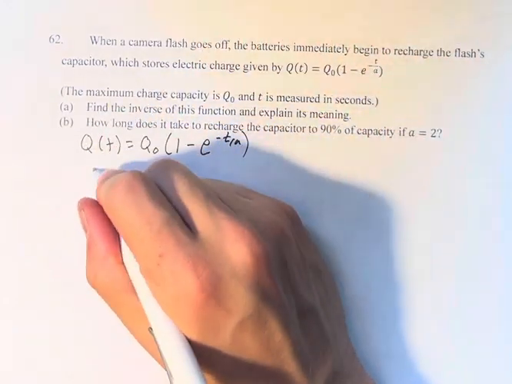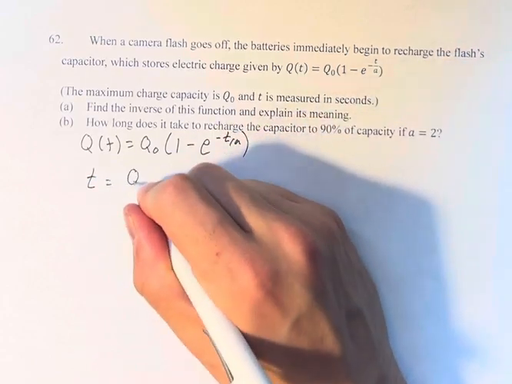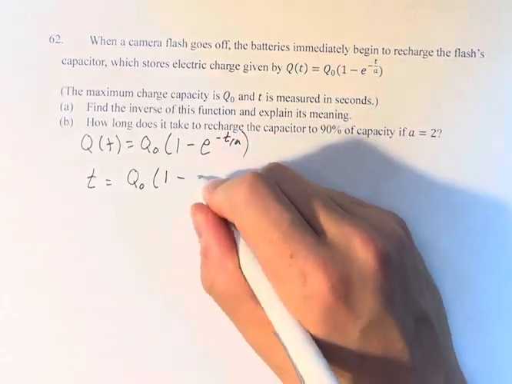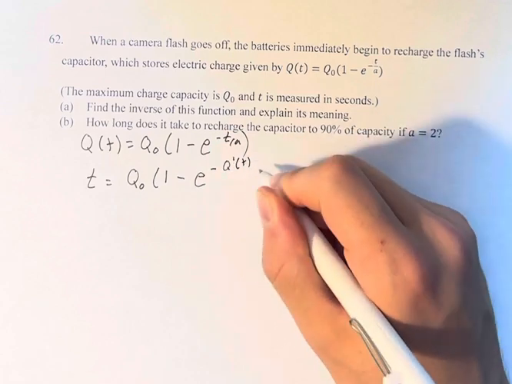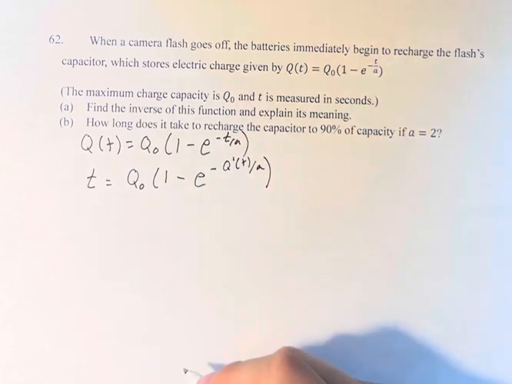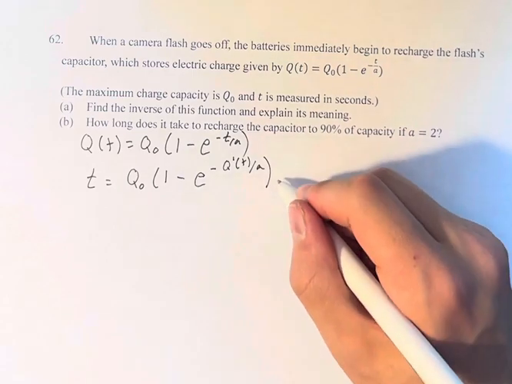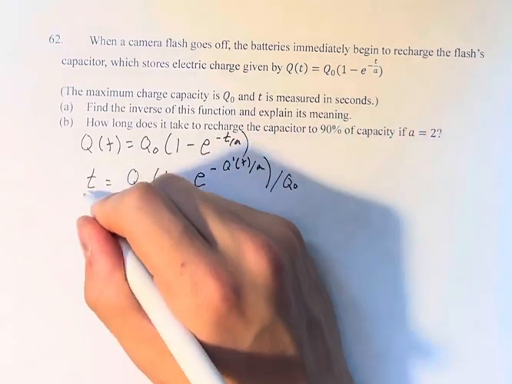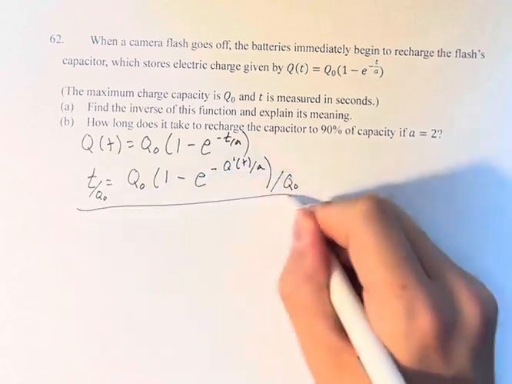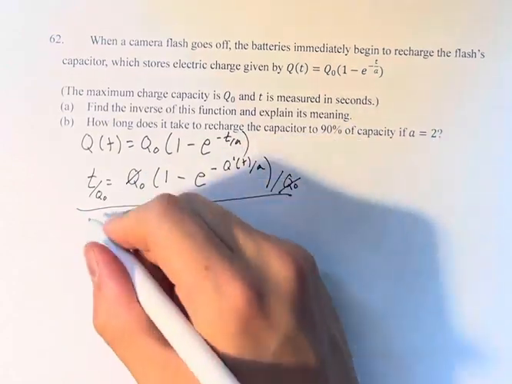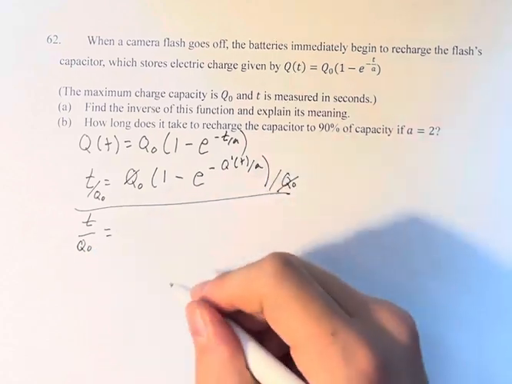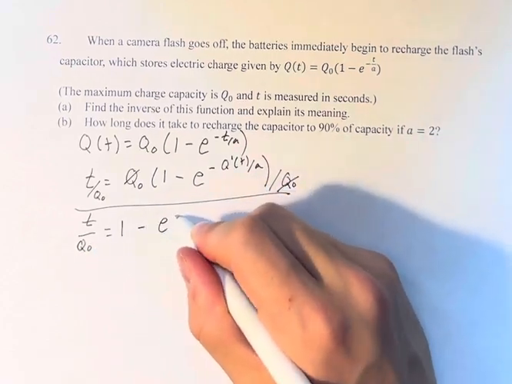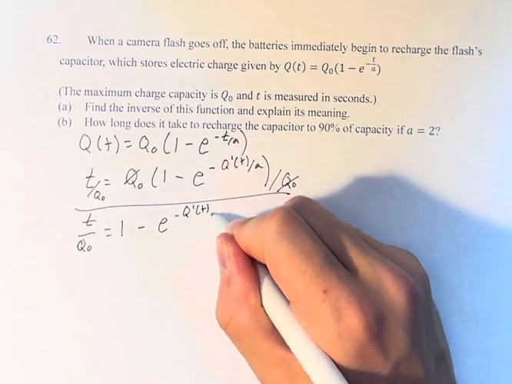So q of t becomes t, equals q naught times 1 minus e to the negative q inverse of t over a. So the first thing we can do is divide by q naught on both sides. This cancels. We're left with t over q naught equals 1 minus e to the negative q inverse of t over a.